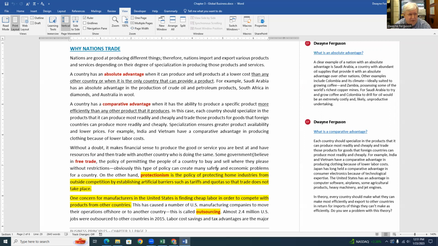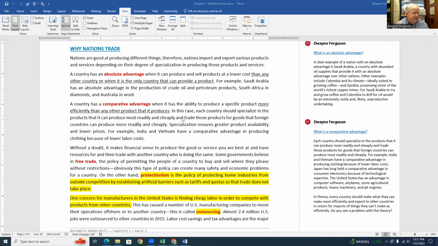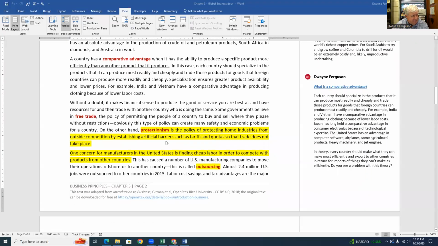Like you guys saw in the pandemic, the farming out of computer chips, and then all of a sudden we can't buy vehicles because they can't get computer chips from foreign countries like China. So anyway, we have to be really careful about that. This is sometimes called protectionism.